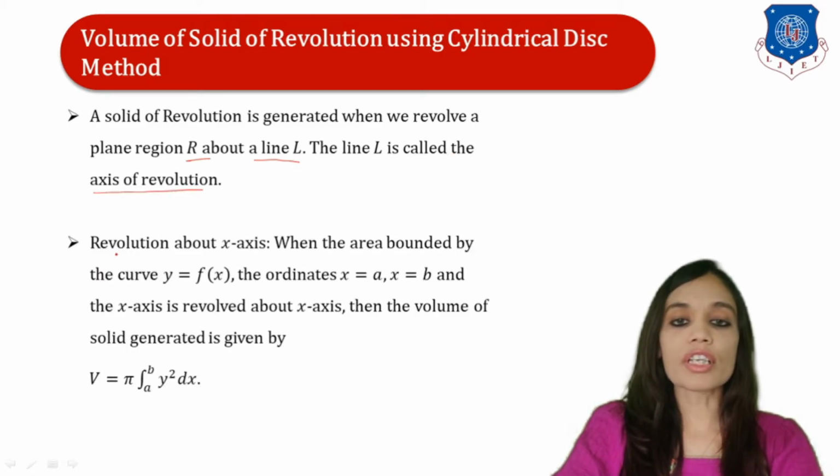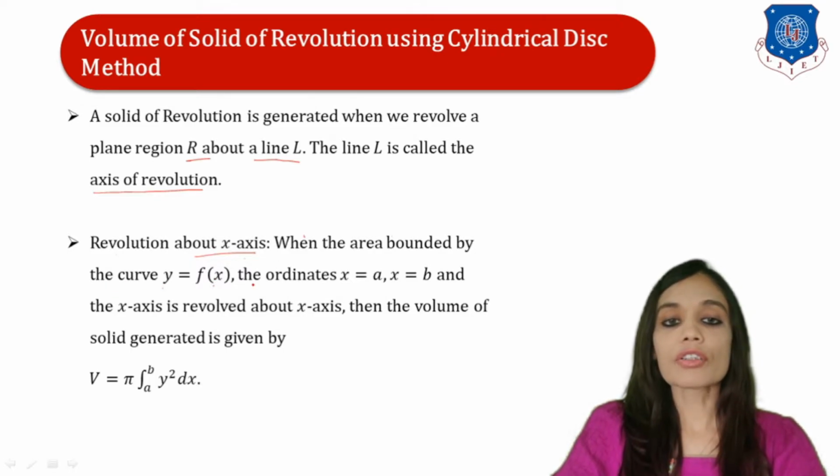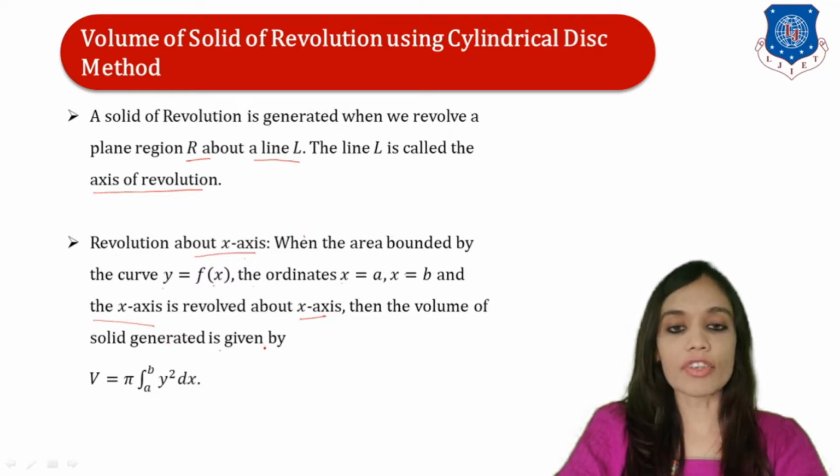The revolution about the x-axis is considered when the area is bounded by the curve y equals f of x, the ordinates x equals a, x equals b, and the x-axis. When this curve is revolved about the x-axis, the volume of the solid generated is given by V equals pi times the integral from a to b of y square dx.